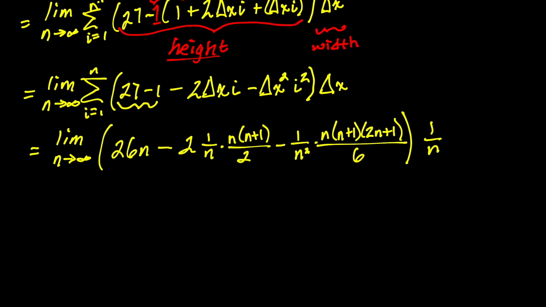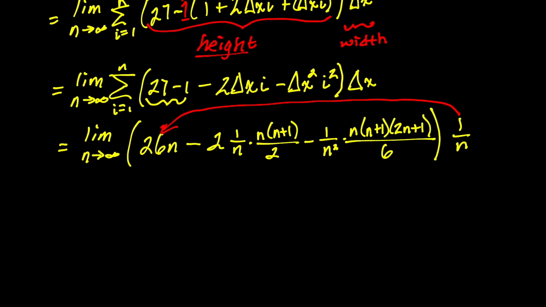So the next thing we have to do is distribute this. I still technically have my limit as n approaches infinity. And this becomes 26n over n.